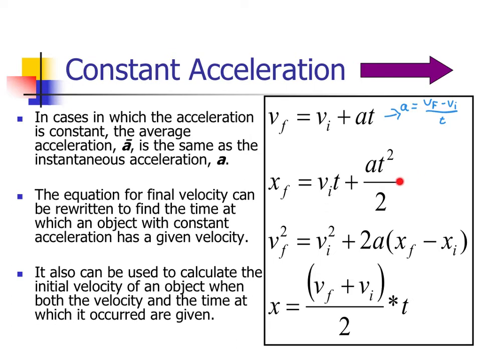This equation is very similar to that of distance is equal to 1/2 gt squared. What has been removed from it was the initial velocity. And so that's why we have this now. Where a can still be gravity in some cases.